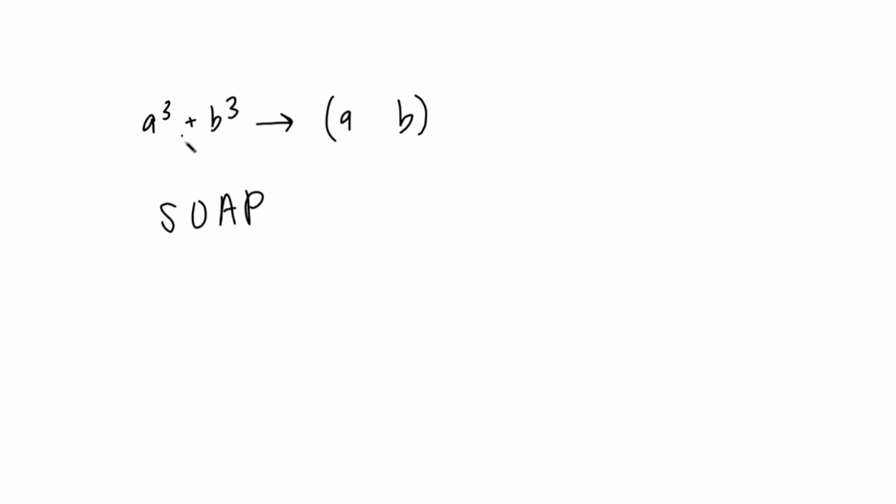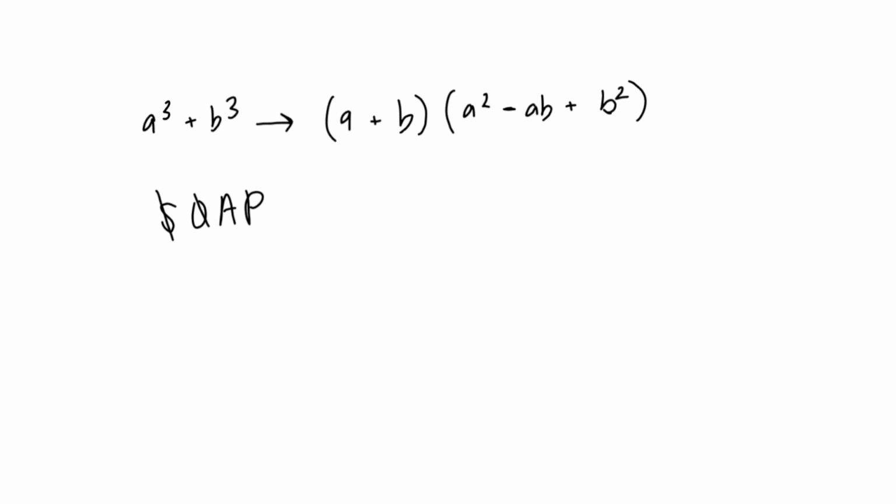So if it was a positive here, we're going to use a positive here. And then it's the same format, a squared, ab, b squared. Now, what do we put for the signs in between these? Well, we already did the same one. Next is O, opposite. If we have an addition here, we're going to use a subtraction here. And then always positive, we're going to put a plus here. So that's how we factor using addition between two cubes.